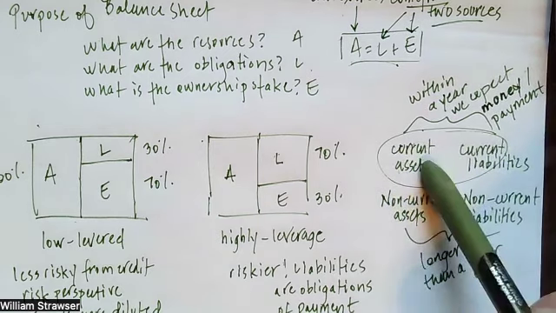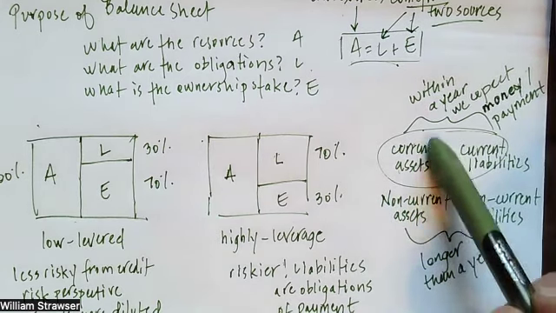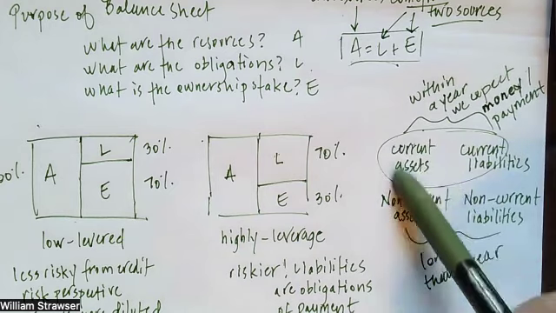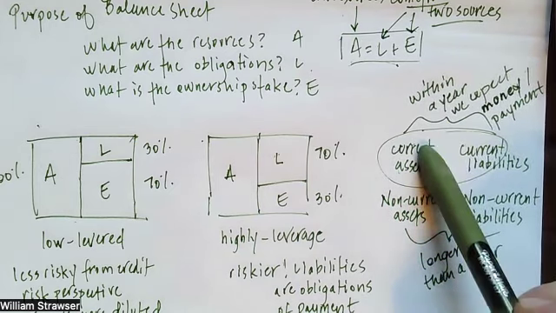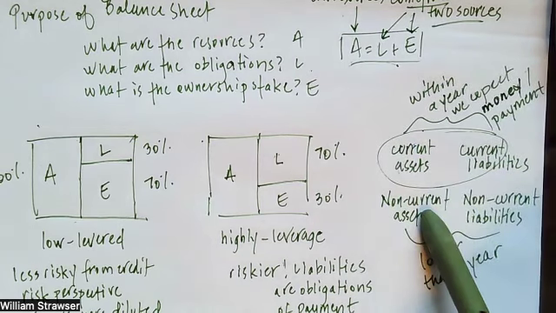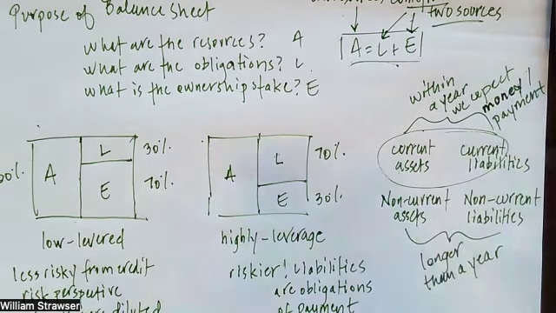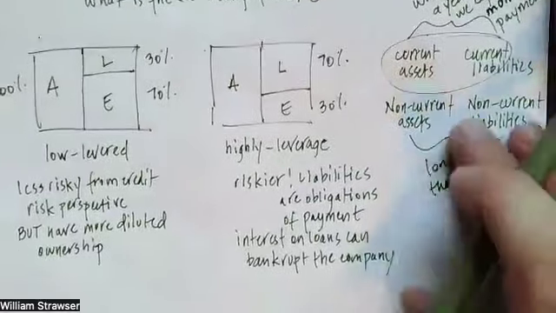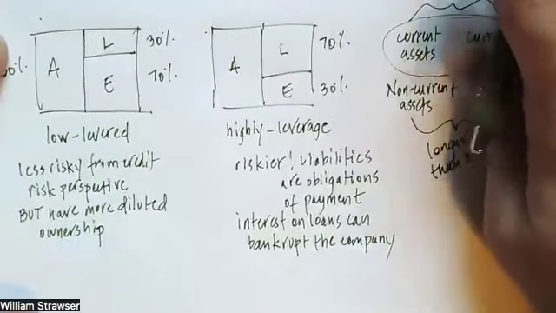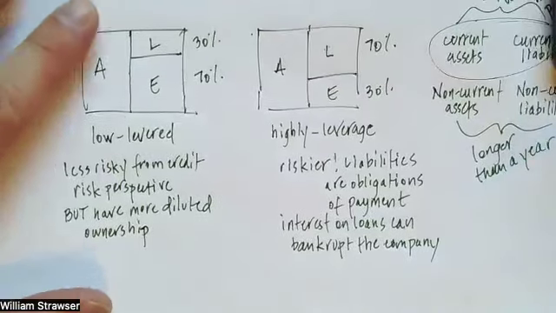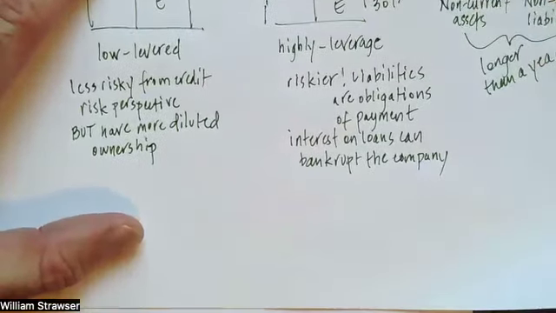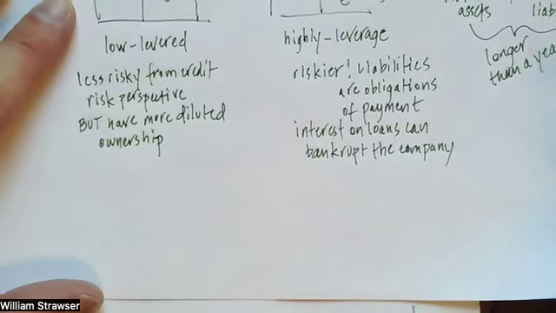Current assets tend to be less risky because we expect to convert these into cash or use them sooner than we do non-current assets. So we have a series of ratios that investigate that and that you should be familiar with. These aren't hard to remember, they're not hard to memorize. They all follow a similar pattern.